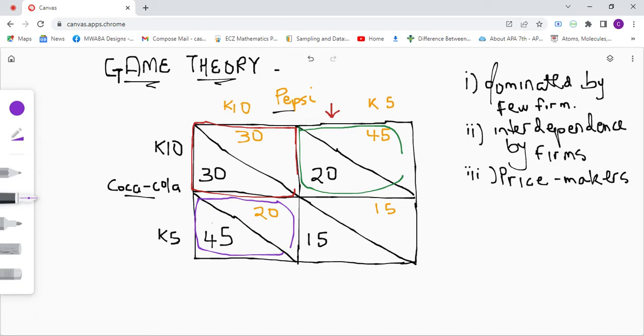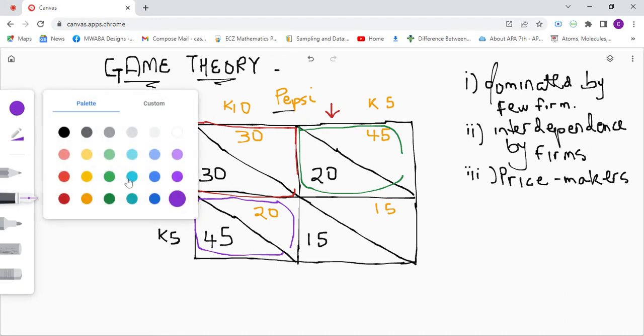Here we have circled in purple, Coca-Cola is charging 5 kwacha. They expect their revenue to be 45 million kwacha. Pepsi is still charging 10 kwacha and the revenue will be 20 million.